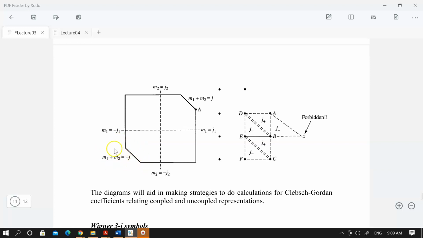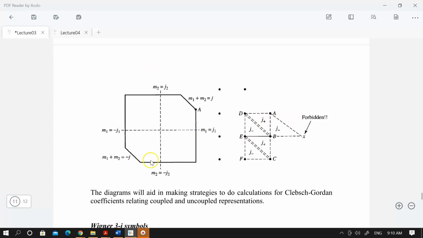So you have this block, and then you have the vertices inside, which give you the different M1 and M2 values. One could use this kind of diagram and build up your triangles of J plus and J minus to see what states can be connected to another. Essentially this is what I'm trying to say.